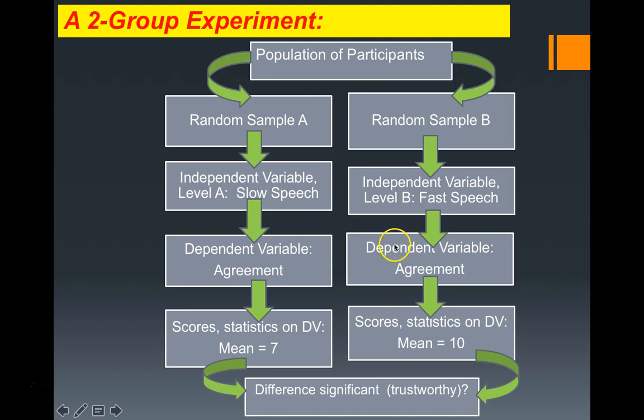Before we measure the dependent variable, and we have a difference in the dependent variable, then ergo, the difference must be due to the differences in speech rate. And hence, we have cause and effect. Speech rate causes differences in agreement. That's the logic of the experimental method.